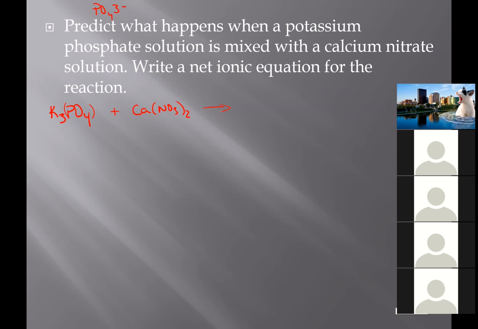I'm asking the first product, so it's a compound, not just an element. Potassium nitrate goes first. Yes, that is the correct name. Can you tell me what the formula is for that? KNO3. Good job. So that's the first one.